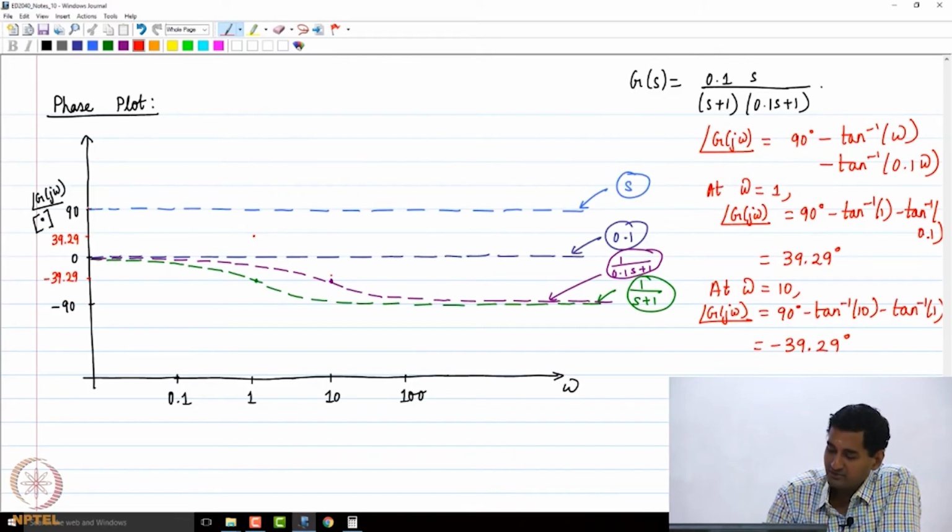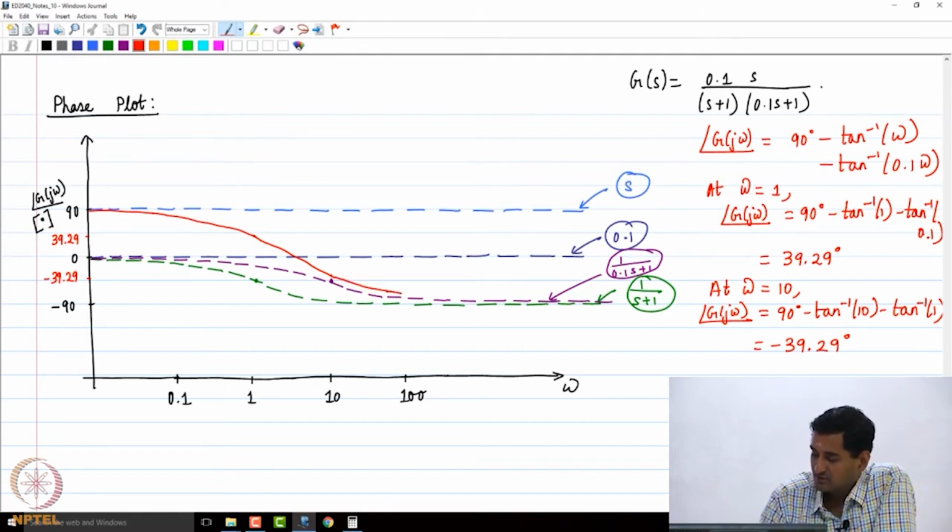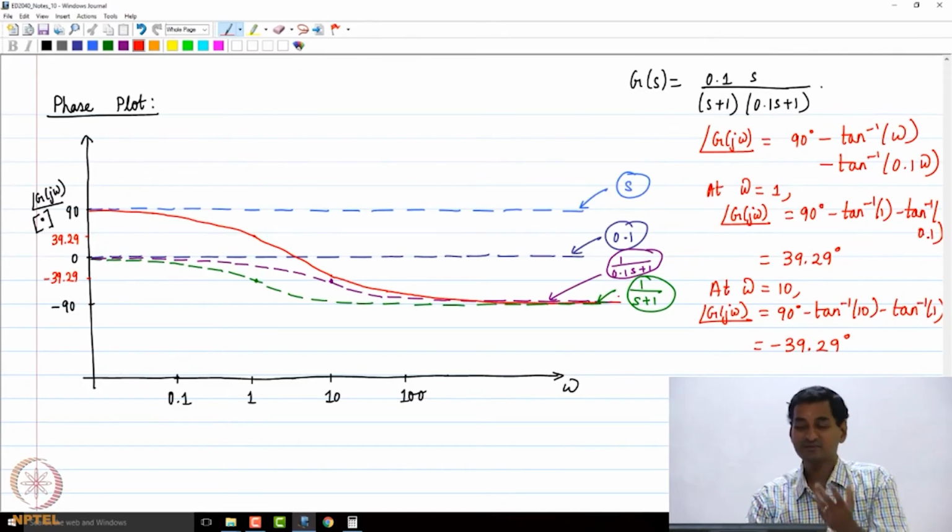So what I need to draw is a phase curve which starts from 90 and passes through these two points, and then ultimately goes to minus 90 as omega tends to infinity. Okay, so that is what will happen.